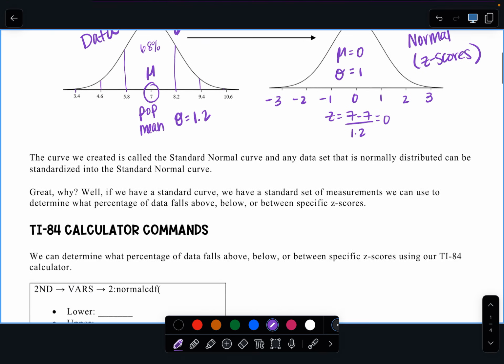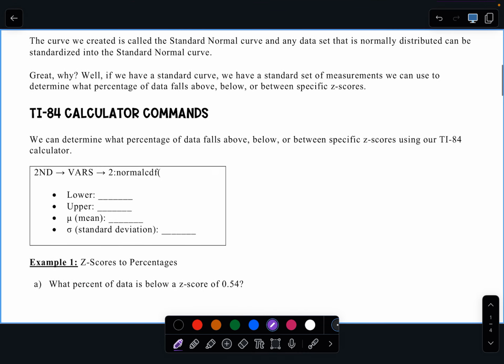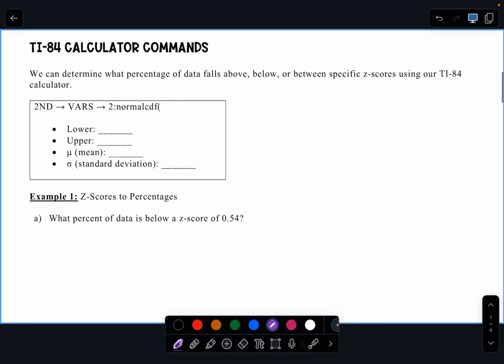So let's talk calculator. It is important that you get really comfortable with these calculator operations because we use them a lot in this class. The first one we're going to talk about is normal CDF. I'm going to put stars around it because it's very, very important.